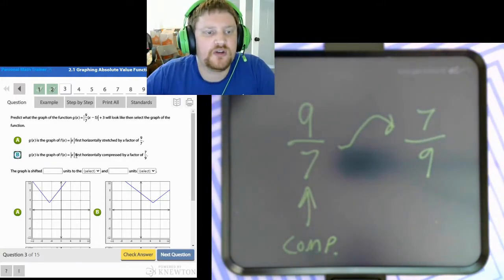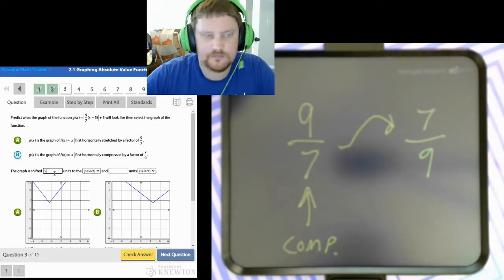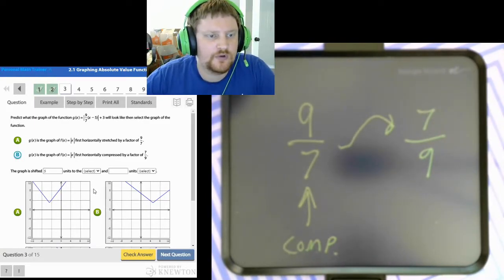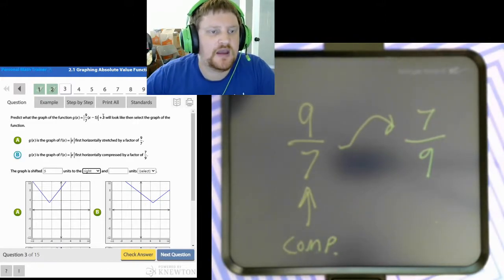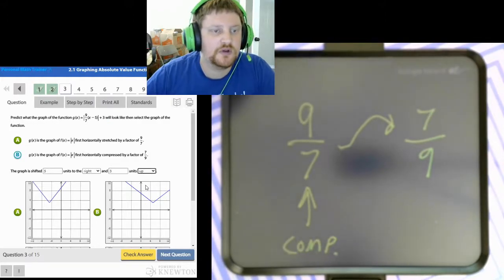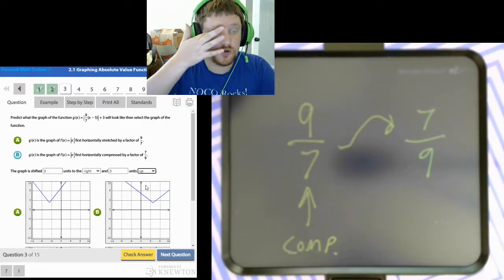So that horizontal compression comes first. Then we are going to shift it 5 units to the right. Remember, subtraction is to the right when you're on the inside. And 3 units up. So this is a horizontal compression.